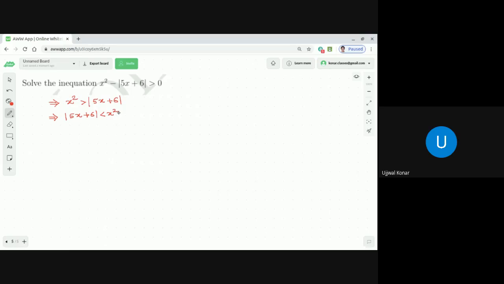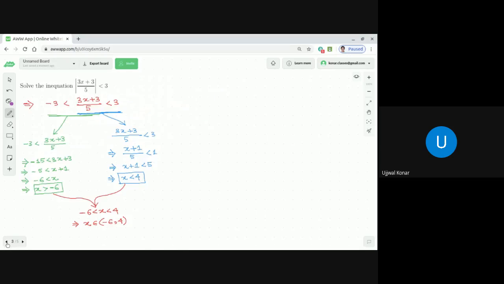As if we can make an analogy with the case of mod of fx is less than gx. Now, let us go back to the guidelines and see what it says when mod of fx is less than gx.